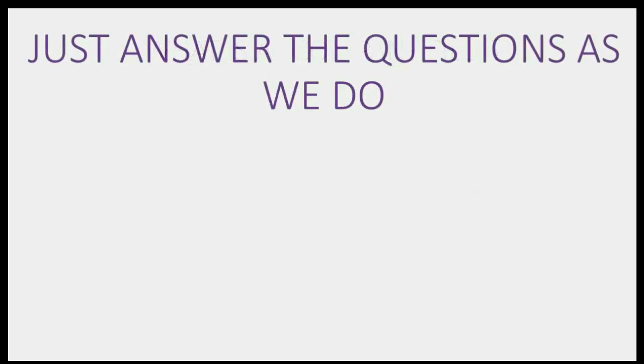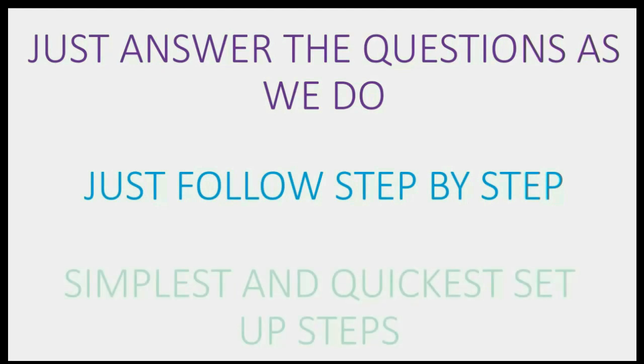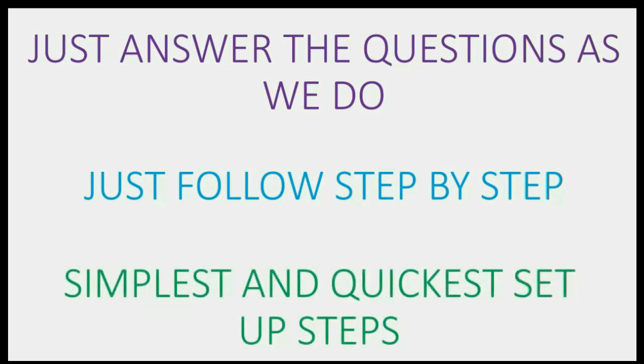Now, in order to create the file, you just have to answer a few simple questions that QuickBooks is asking. So just answer the questions exactly as we do here, and just follow me step by step, and we will answer the questions in the quickest and simplest way for the fastest possible file setup.